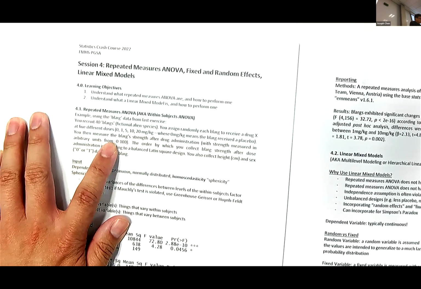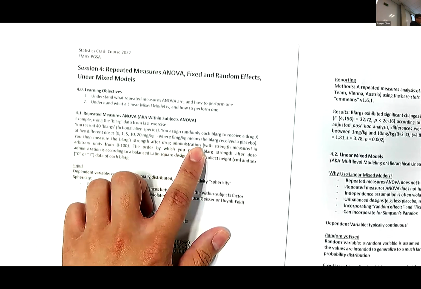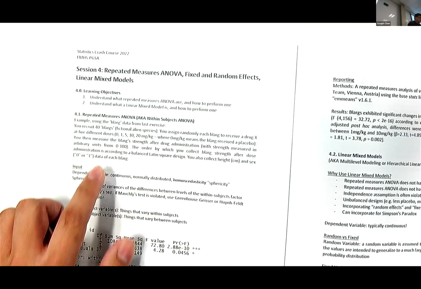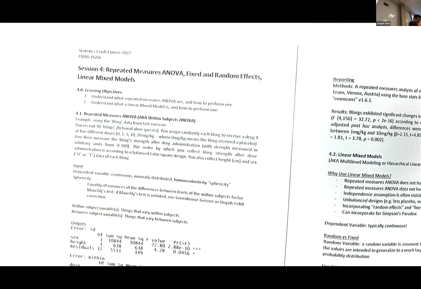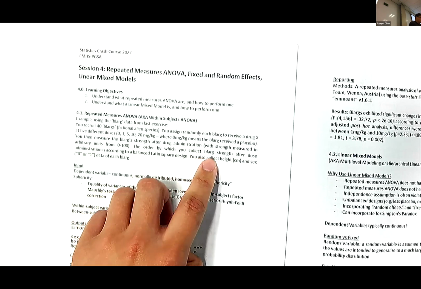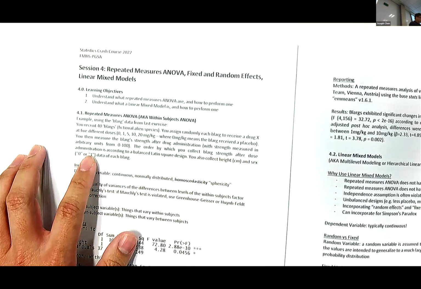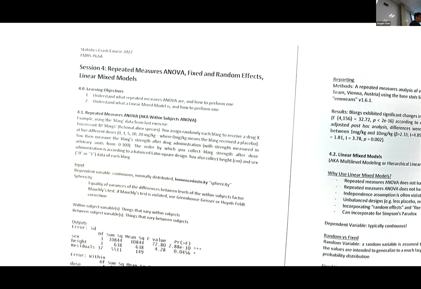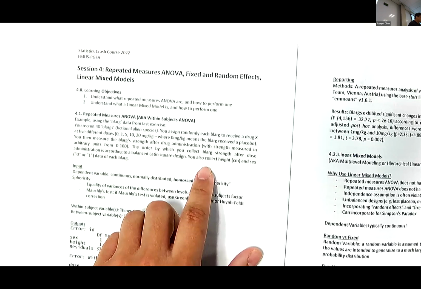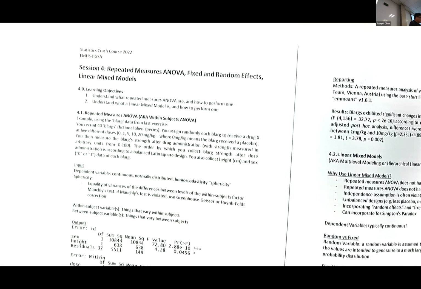You then measure BLAG strength after drug administration, in arbitrary units from 0 to 100. The order in which you collect BLAG strength is according to a balanced Latin square design, which we talked about last session. You also collect height in centimeters and sex data for each BLAG.